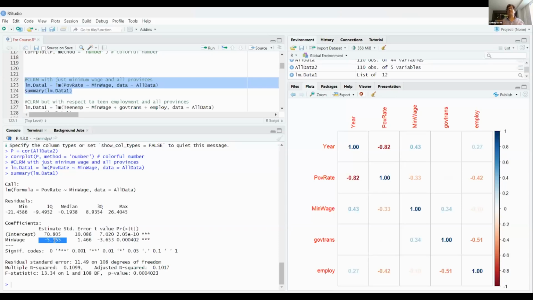a computer scientist, a pure data scientist, is not interested whether or not a sign is consistent with the theory, behavioral theory. So we have a negative sign out here, which is telling us the minimum wage is going up, poverty is going down. That makes sense.